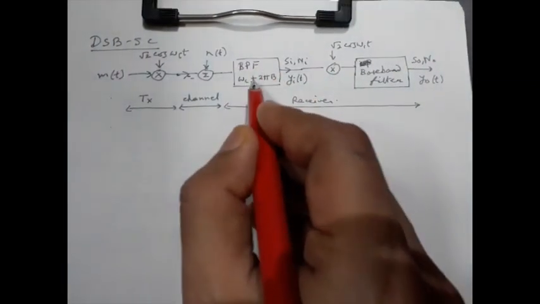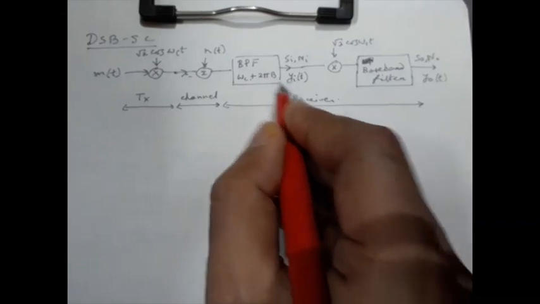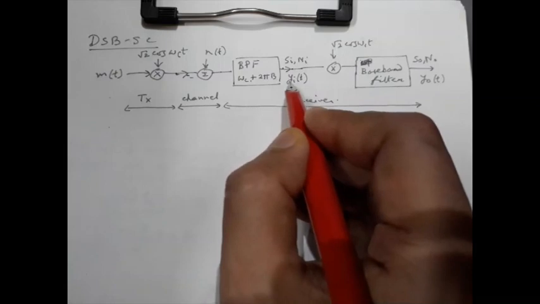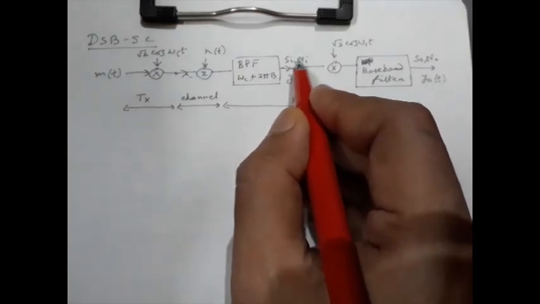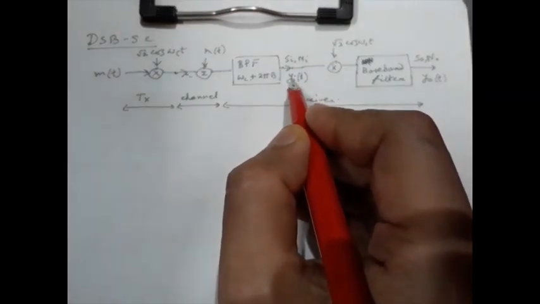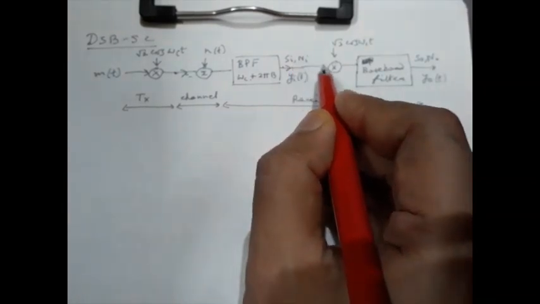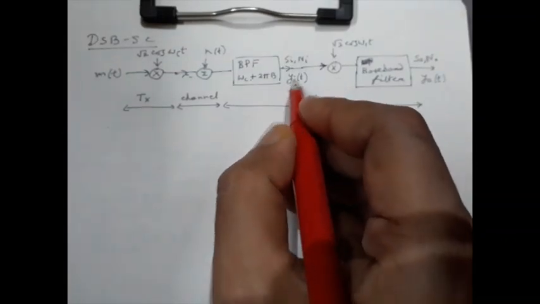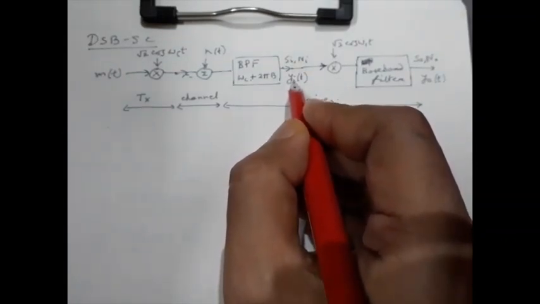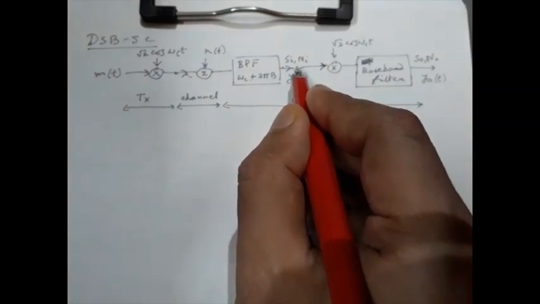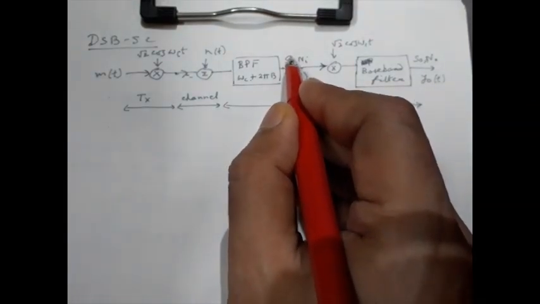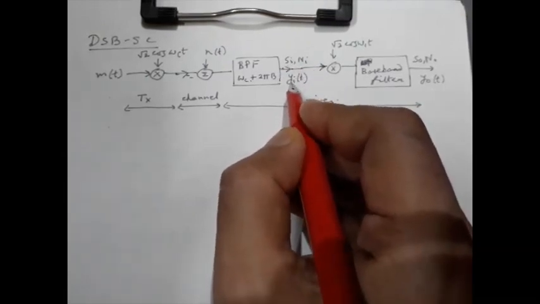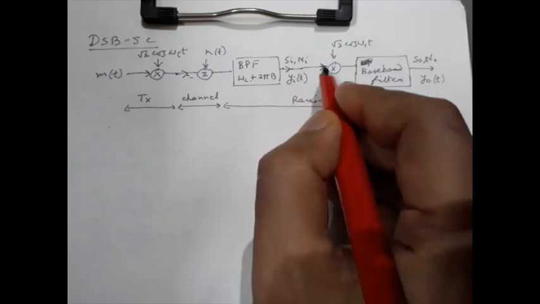Now at the first stage of the receiver we have a band pass filter, and after the band pass filter we have SI and NI as the signal and noise part. In the frequency domain we are writing SI and NI, signal power and noise power, and YIT is the input signal.